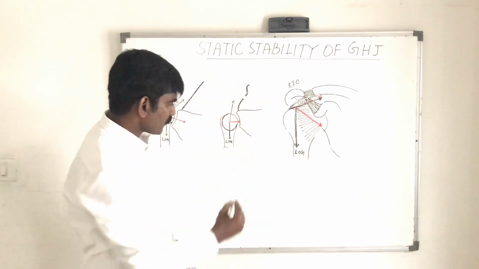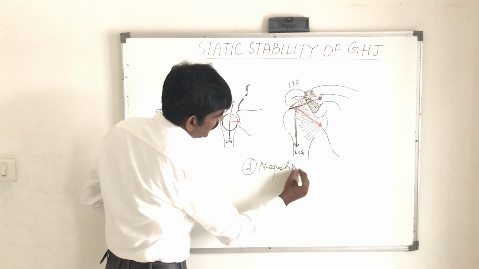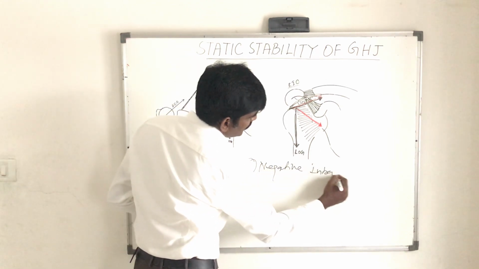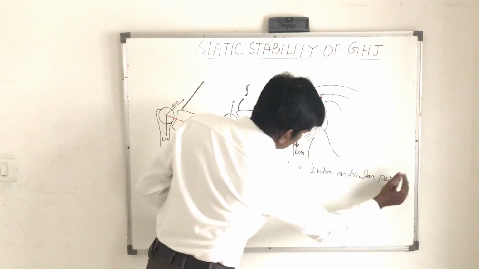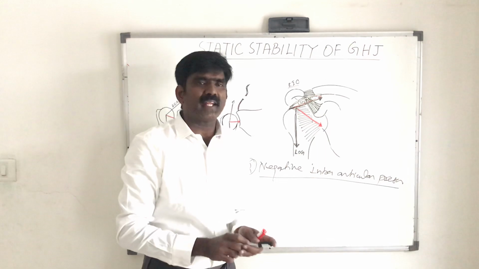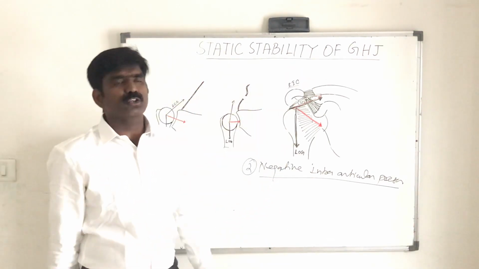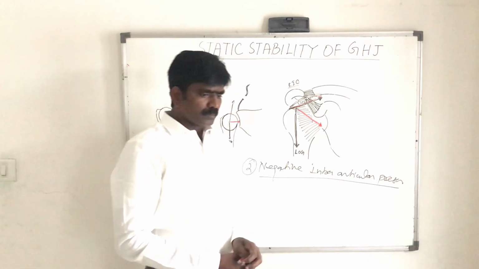Now second point. Second point is negative intra-articular pressure. Clear? So negative intra-articular pressure also maintains the static stability of the glenohumeral joint. So what is negative intra-articular pressure?